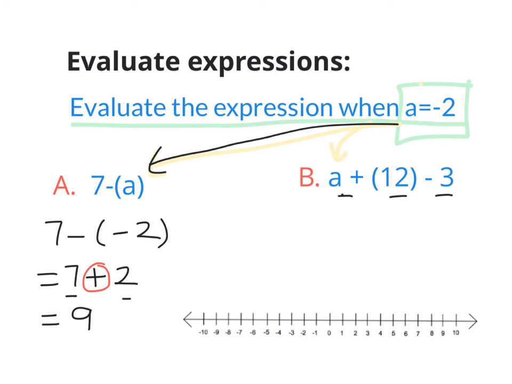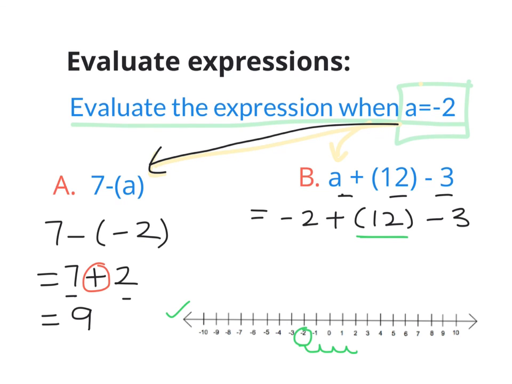What you need to do is first put the value of a, that is minus 2. So we get minus 2 plus 12 minus 3. Now for minus 2 plus 12, you can use any of the methods that you want. If I use a number line, minus 2 is on the left-hand side of 0. And if I have to add a positive number, I have to move towards the right.